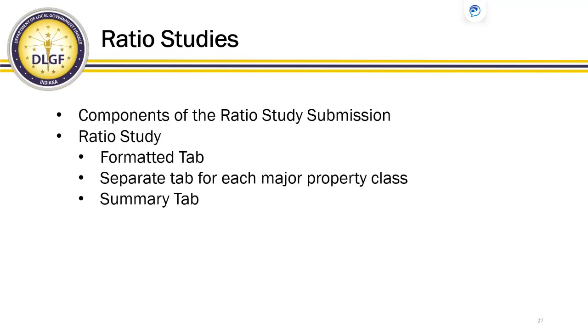So in terms of the components of what you're submitting to our office, your ratio study submission, we'll start off with the formatted tabs, and I'll get into the formatting in a little bit in terms of why it's so important. We talked about the 6 major property classes that you should have a separate tab for, and then your ratio study should also include a summary tab.